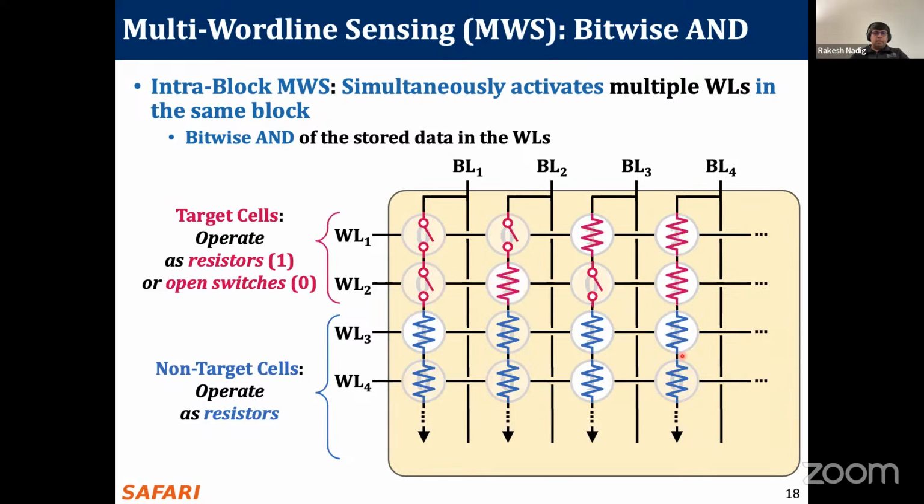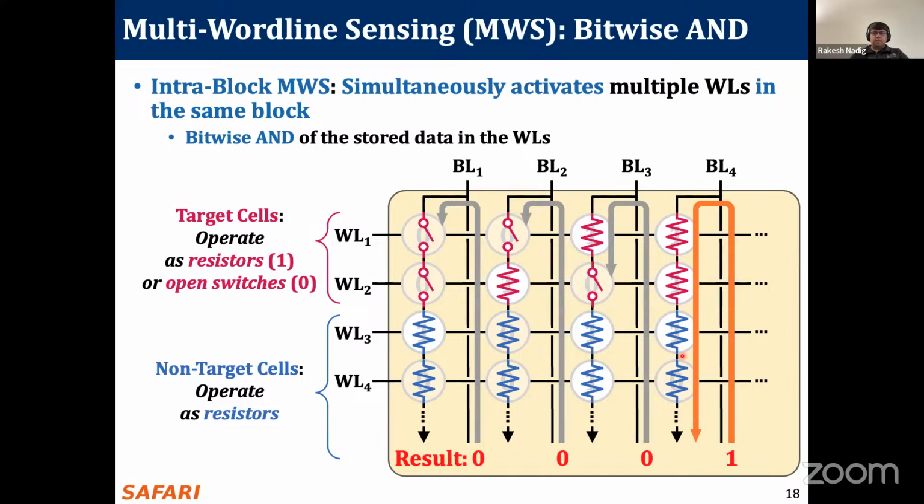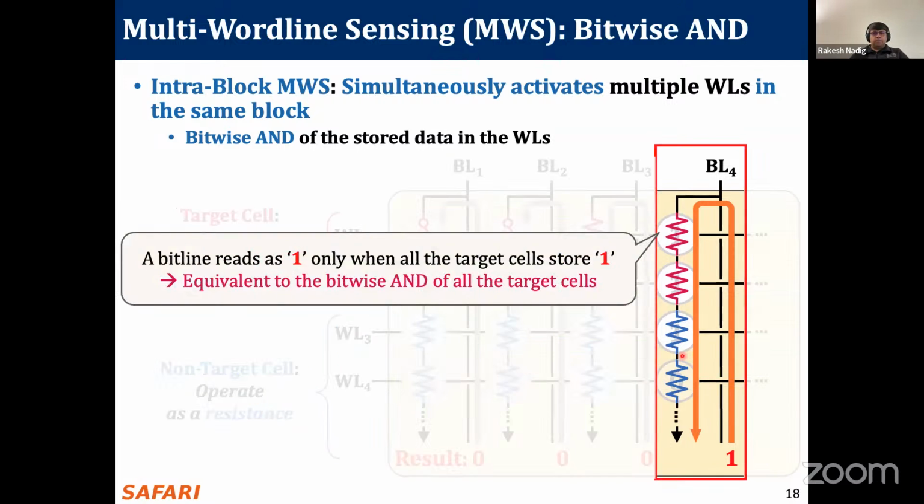Depending on the state of the cell, if it's in the programmed state, then it operates as an open switch. If it's in the erased state, then it operates as a resistor. When we simultaneously activate all these word lines, the bit line current tries to pass through the NAND string, and depending on whether there is an open switch or a resistor, the current passes through or not.